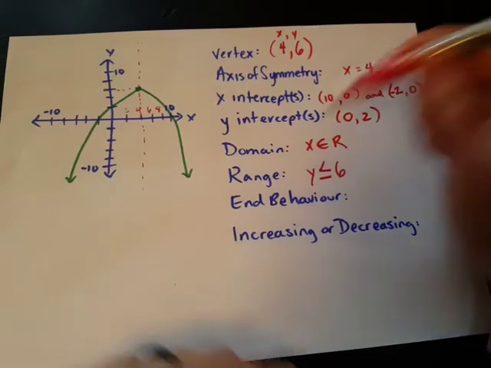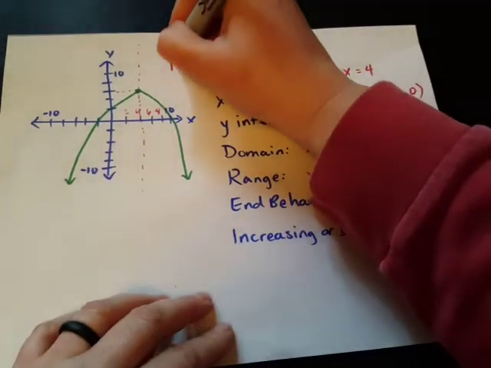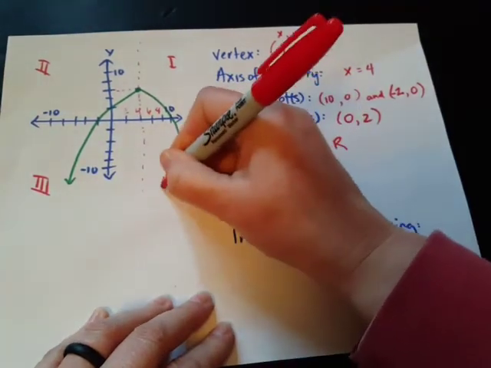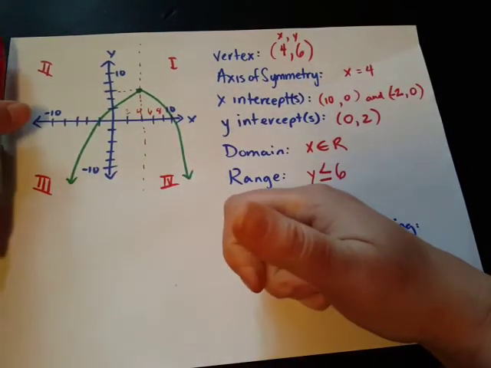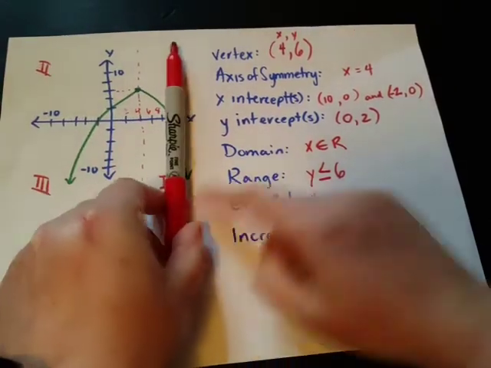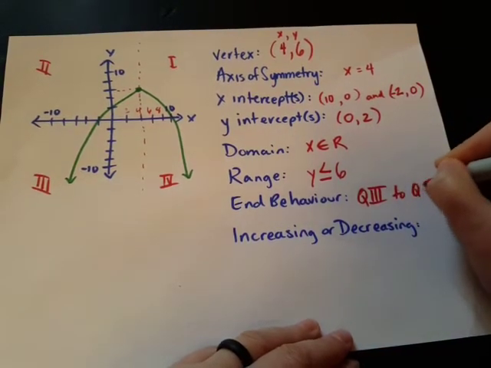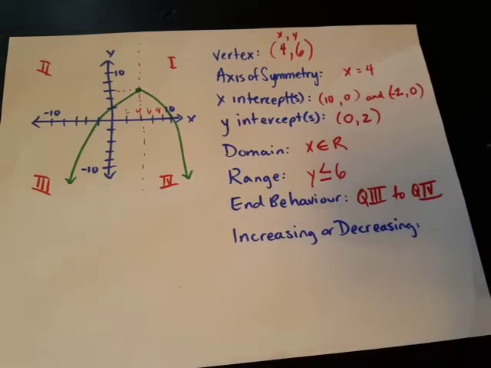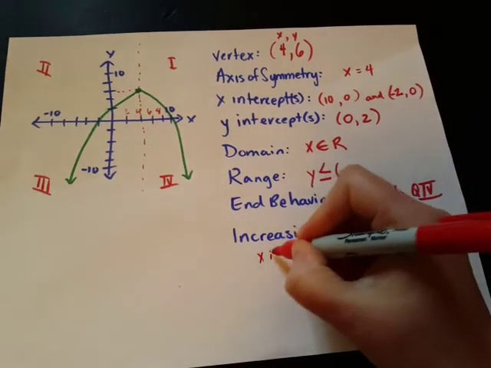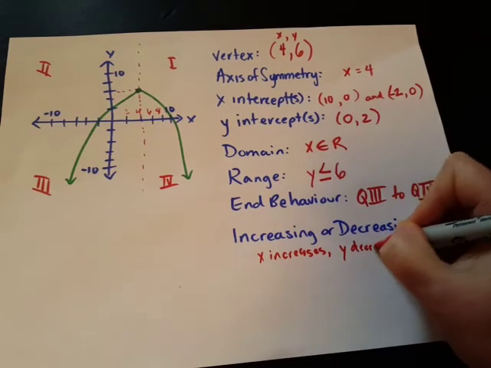In terms of end behavior, if we swipe from left to right, thinking about our quadrants, and oftentimes they're using Roman numerals for these quadrants. As we swipe from left to right, we're going to meet the function here in quadrant 3, and we're going to leave it in quadrant 4. For this one, as x gets bigger, as x increases, the value for y decreases.